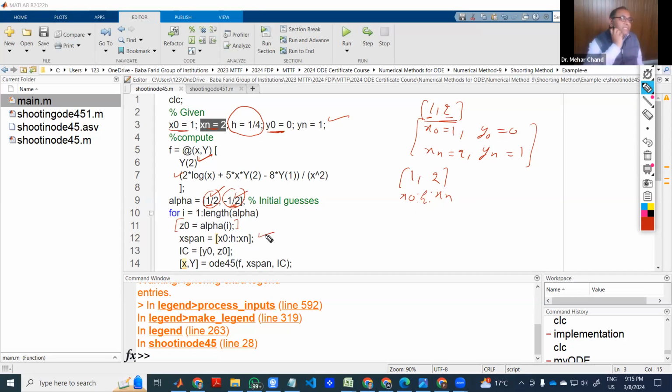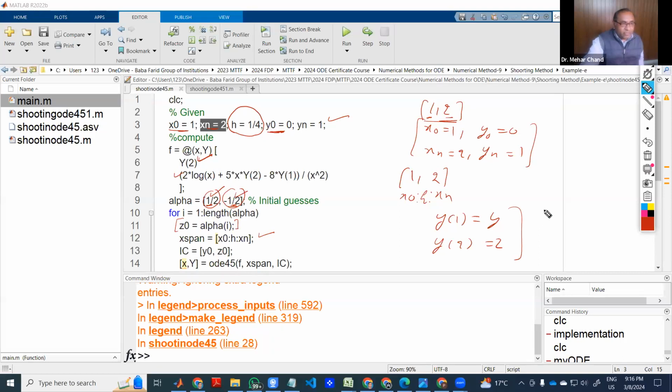Now the initial conditions. The initial conditions we have are y naught and z naught for the system of equations. We have two equations, one is y1 is equal to y and the other is y2 is equal to z. Corresponding to these two equations, we have the initial conditions.